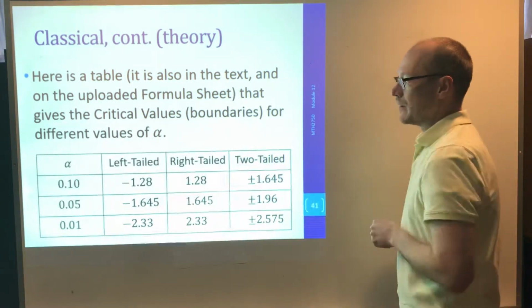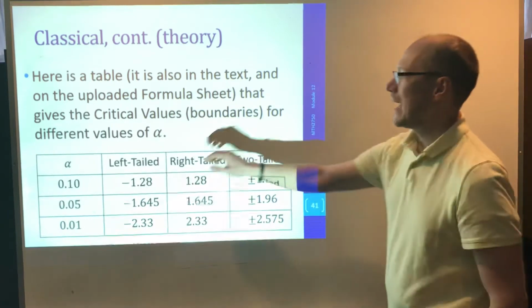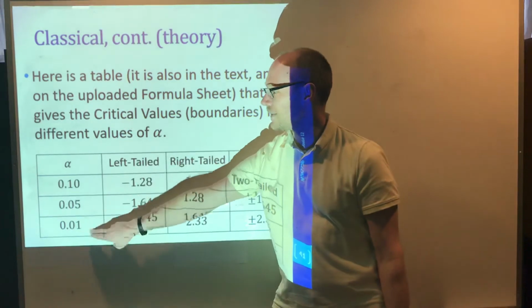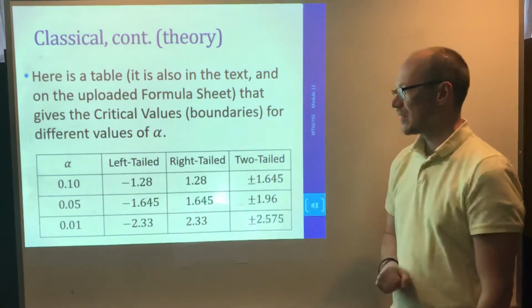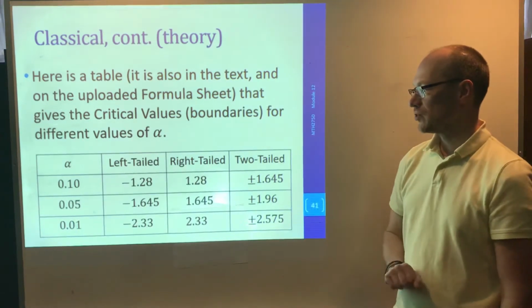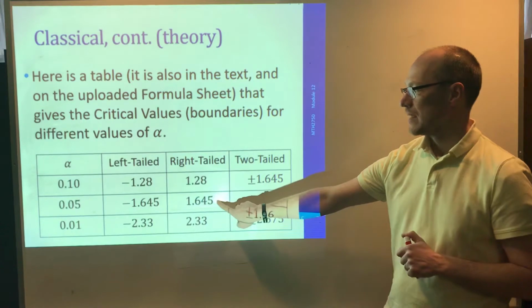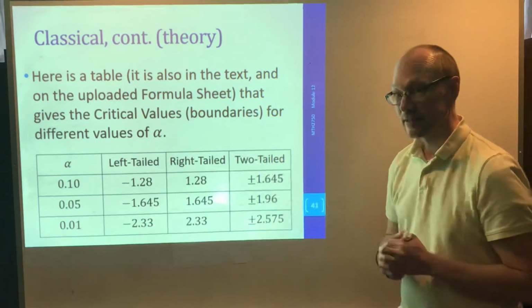But what this is saying, if we have a different value of alpha as given, maybe 10%, 5%, or 1%, and we have our left, right, or two-tailed test, let me pick one of these situations. I'm going to pick a 5% alpha and a right tail.